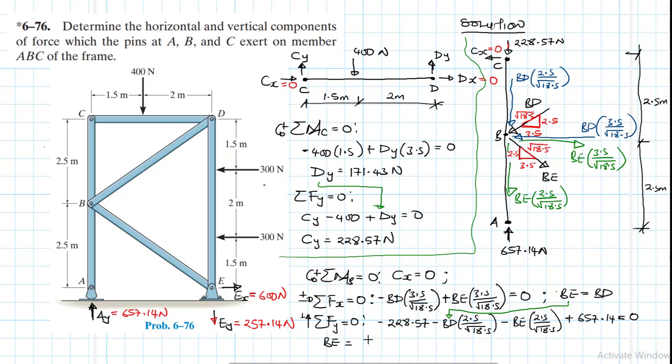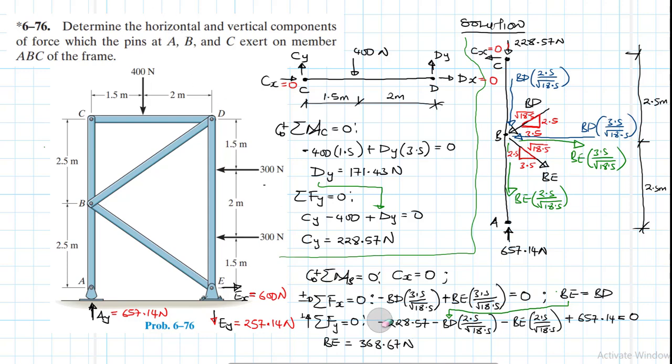So we have 368.67 newtons. Let me just come again. Minus 228.57 plus 657.14, divided by 5 divided by root of 18.5.